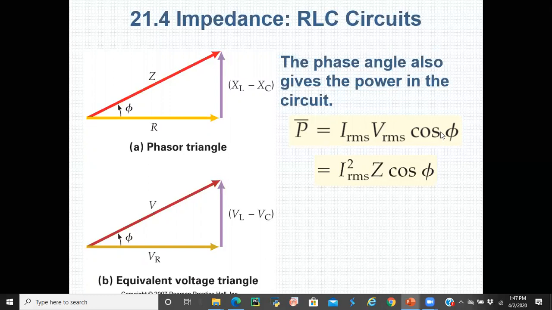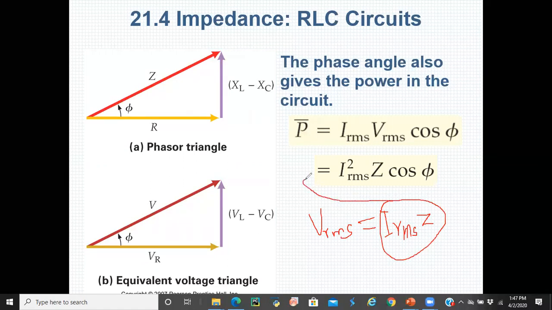If you express this, VRMS is equal to IRMS times Z. If you insert this value here, you will get this expression, because IRMS gets multiplied, which gives IRMS square, then Z cos phi.